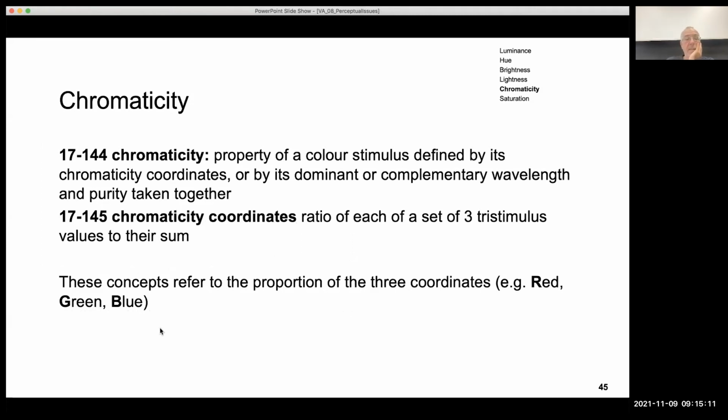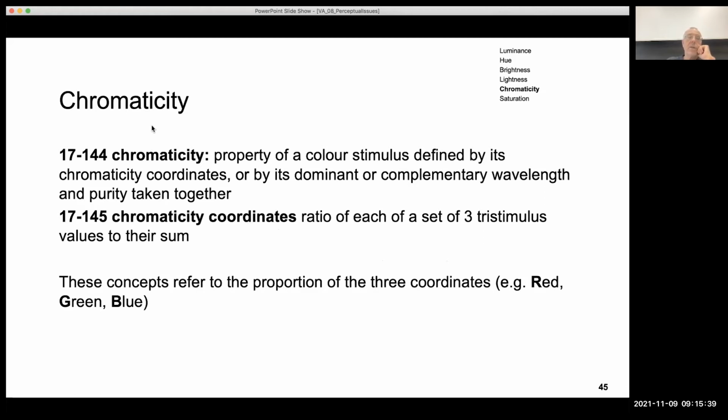We will discuss it very soon, but you already know that you can simulate most of the visible colors with red, green, and blue. Basically, chromaticity refers to the combination of the amounts of red, green, and blue needed to produce a color. These 3 values are called the chromaticity coordinates.